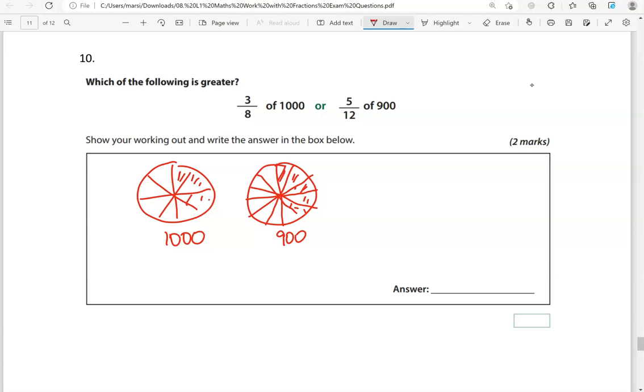So what we're going to do is divide the 1000 by 8, because there are 8 slices, and then multiply it by 3, because we've got 3 of them highlighted. And we'll do the 900 divided by 12 multiplied by 5.